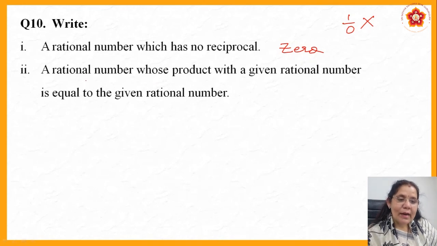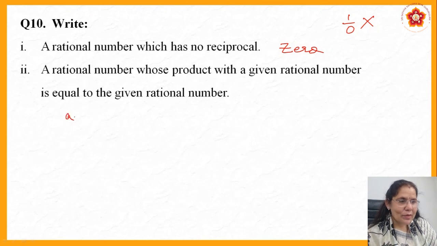Second part is a rational number whose product with a given rational number is equal to the given rational number. Try to understand the question. A rational number whose product with a given rational number is equal to the given rational number.